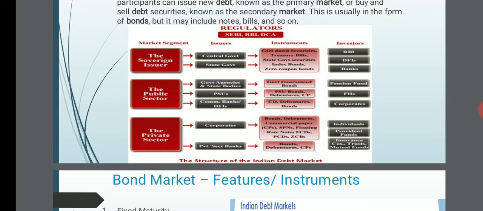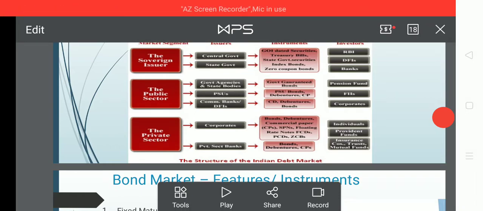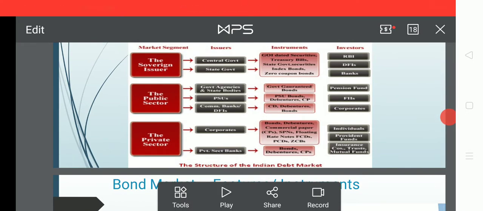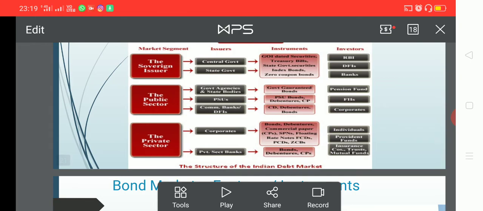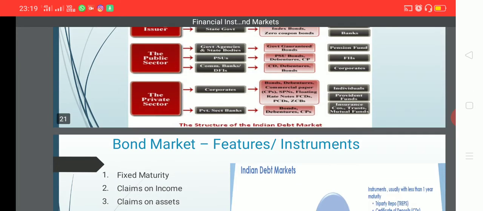And then private sector banks, they issue bonds, debentures, and commercial papers, and the investors here are individuals, provident funds, and insurance, trusts, mutual funds, etc.